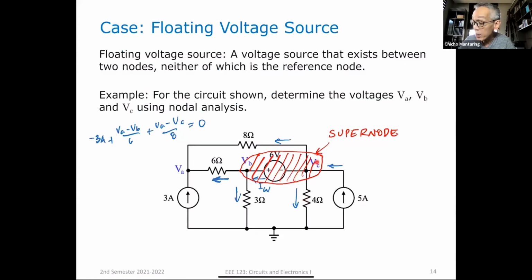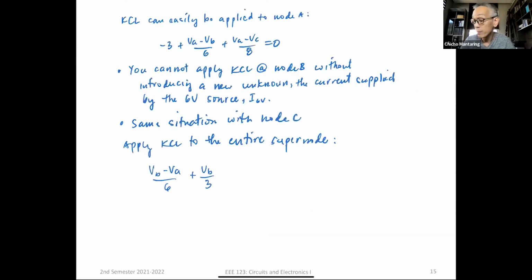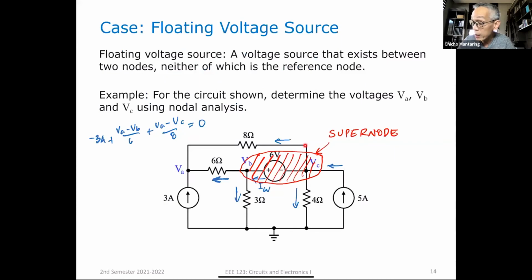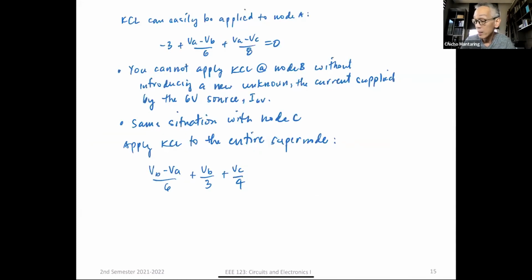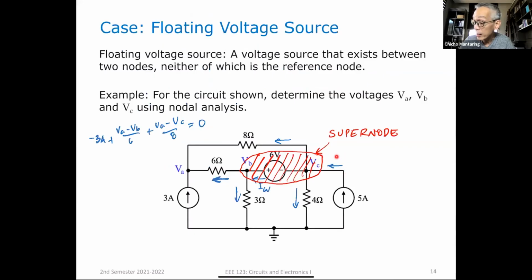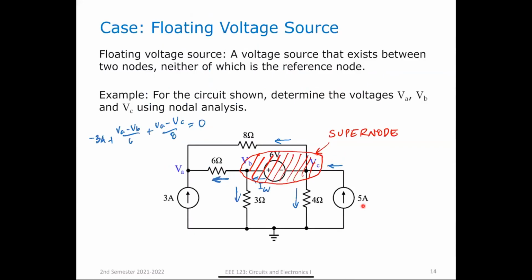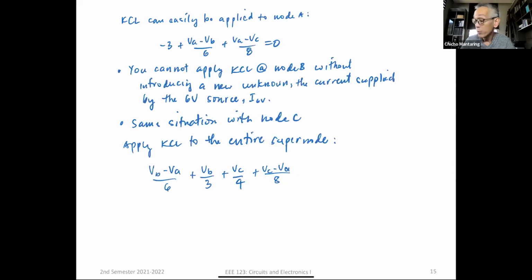That's VC over 4. What is this current up here? That's VC minus VA over 8. And finally, this current is 5 amperes flowing into the supernode. So this is minus 5 is equal to 0.